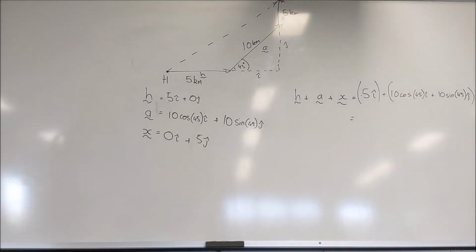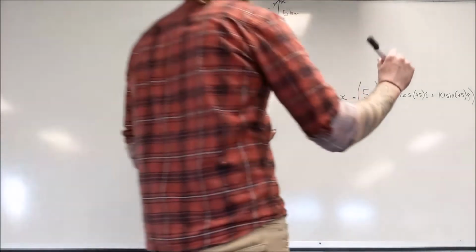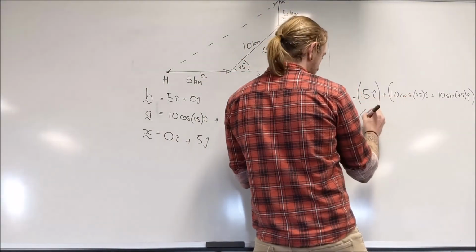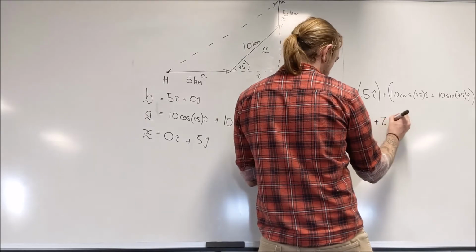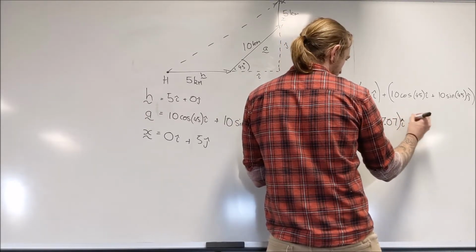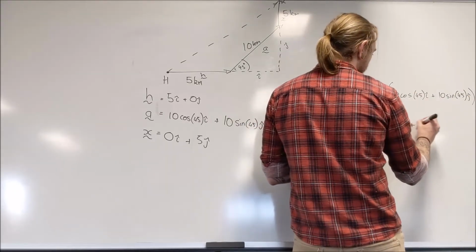So we have 10 cos 45. I'm collecting my i's now. That's 5 plus 7.07i. Everything's positive.